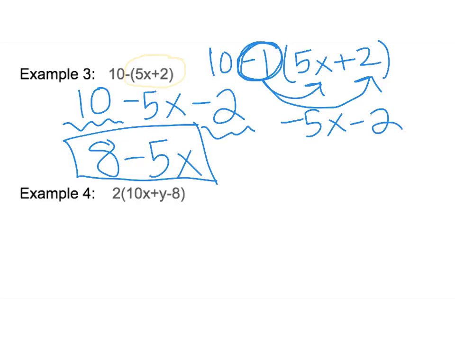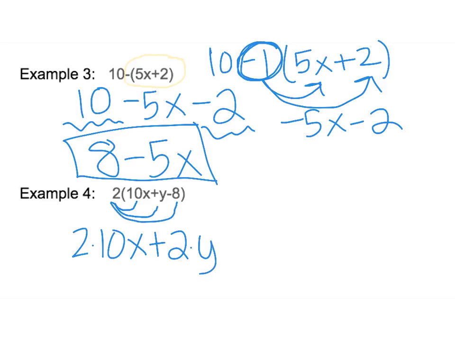The fourth example I wanted to bring in here so you can see that this works even when there's more than 2 terms. It works exactly the same way. We'll do 2 times 10x plus 2 times y plus 2 times -8.